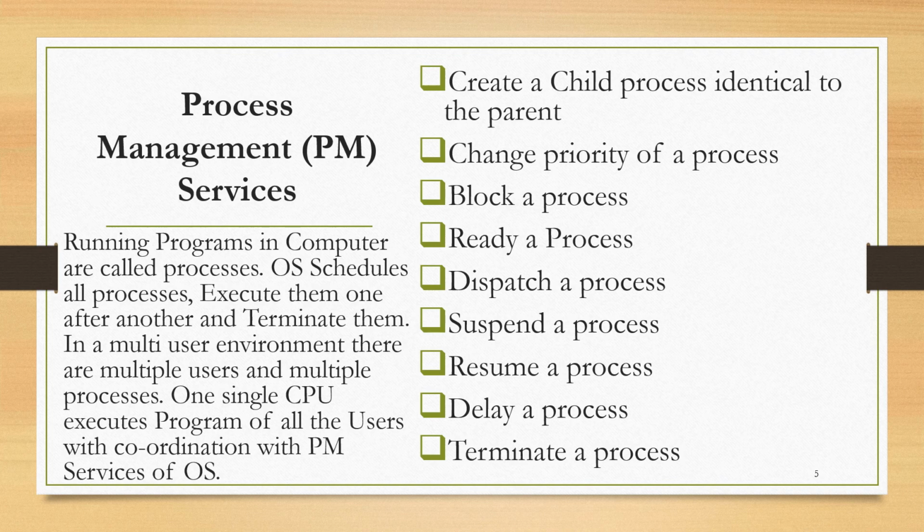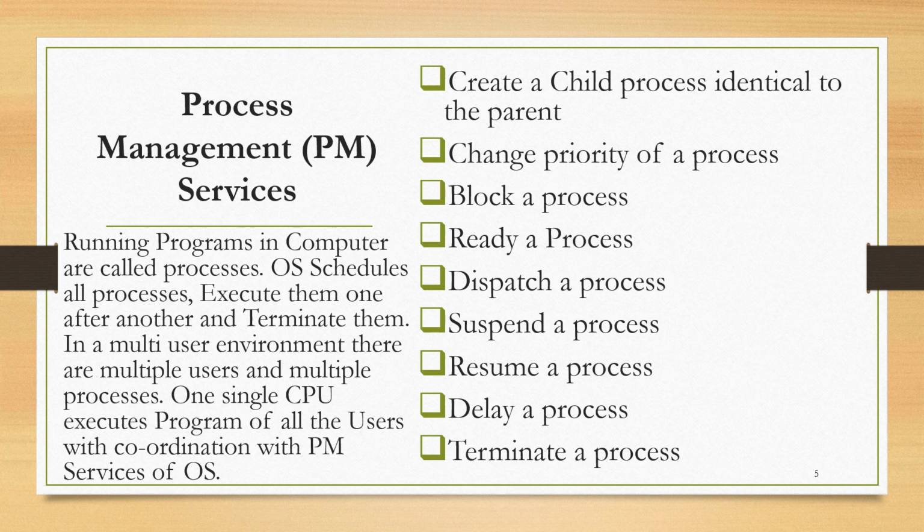In a multiple user environment, there are multiple users and multiple processes. One CPU executes programs of all the users in coordination with the PM services of the operating system. One job PM does is create child processes identical to the parent processes. Process means the program running in the memory.